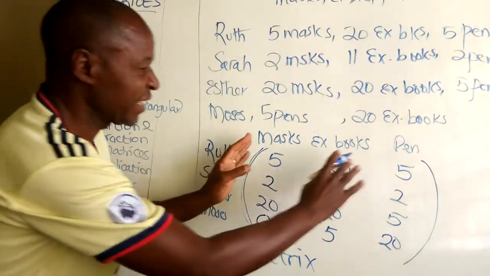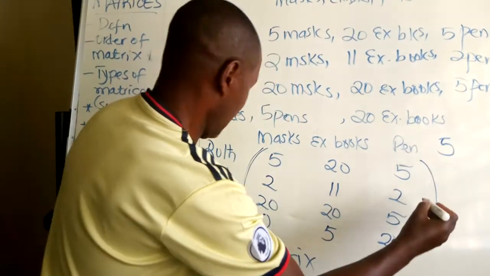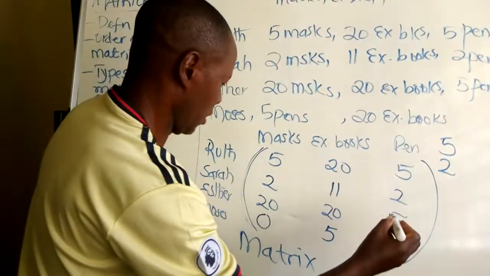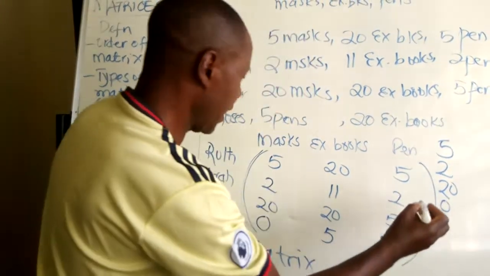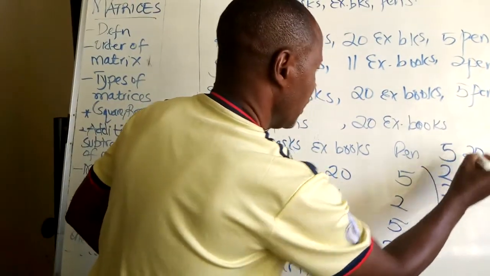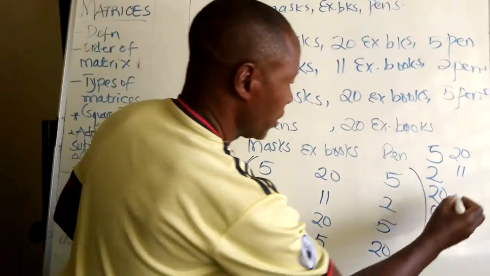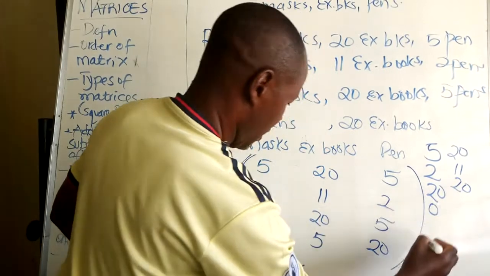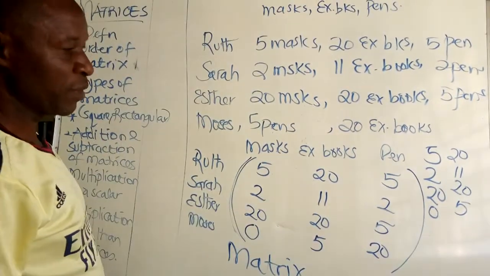I'm now going to extract this and write it as 5, 2, 20, and a 0. Then I have a 20, I have 11, I have a 20, and a 5. My blackboard is becoming small.